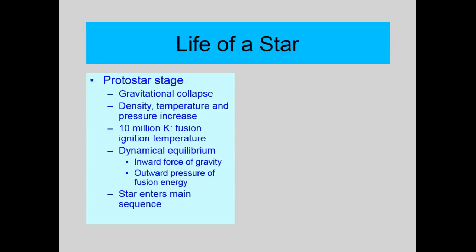You've got the inner force of gravity, the outward pressure of the fusion energy, and it has to achieve some type of a balance, okay? Once it does, it enters the main sequence. So going back to the Hertzsprung-Russell diagram, that's when the main sequence starts. Before that, it's a protostar.